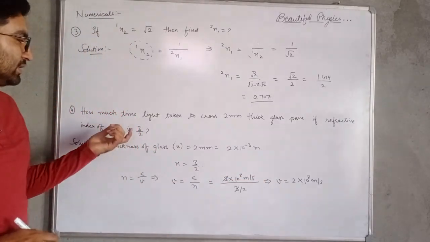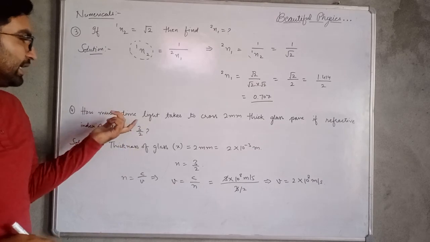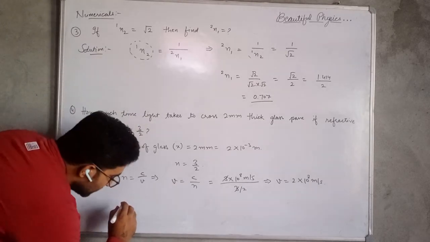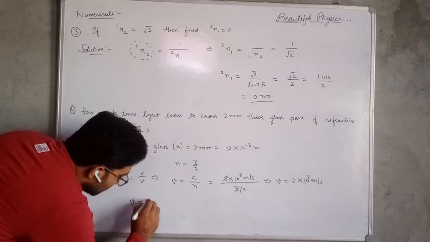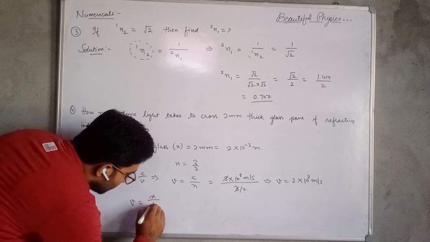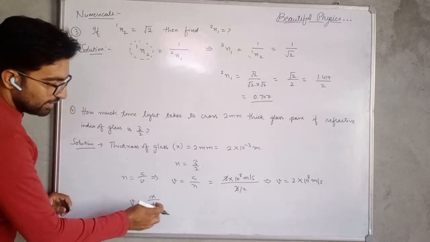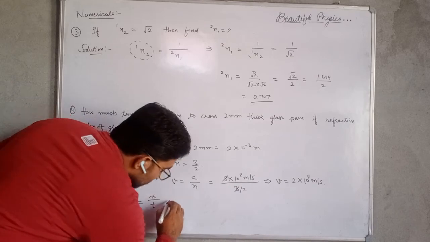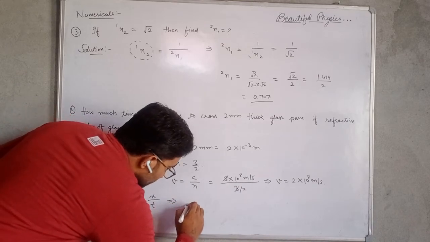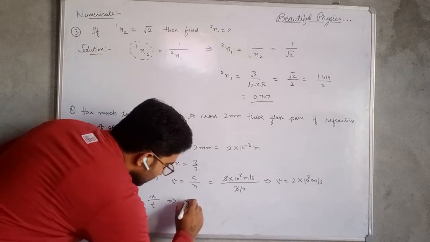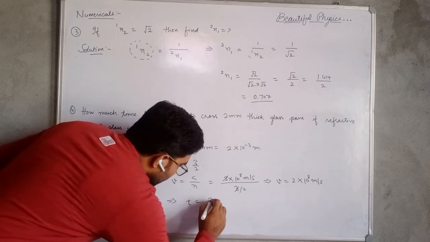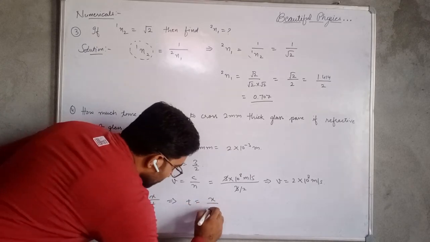We have to find the time, and we know that velocity is equal to displacement upon time, and from there we have to find the time only. So we cross multiply, then time will be equal to displacement upon velocity.